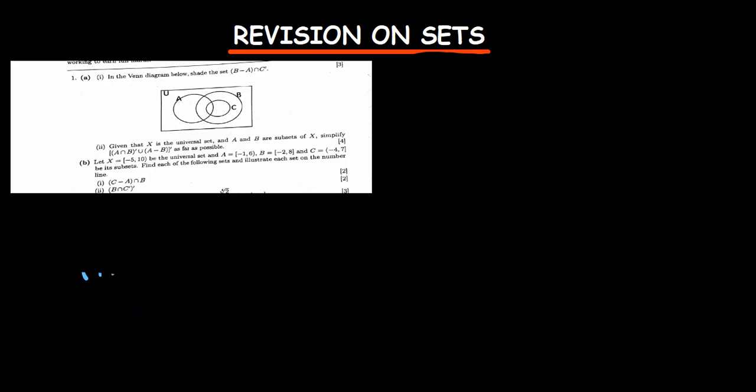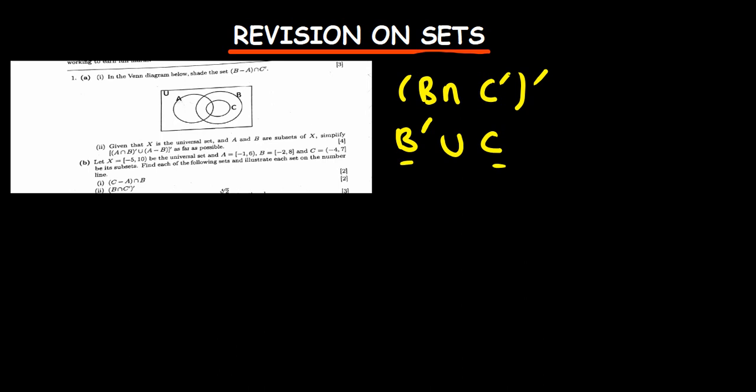The last question says B intersect C, complement. What can I do here? I know that I can distribute that complement, right? So I'll have B complement, which changes from intersection to union, union C. From here this is very easy, since you have B complement and C. You already know what C is, you've been given it in the question.